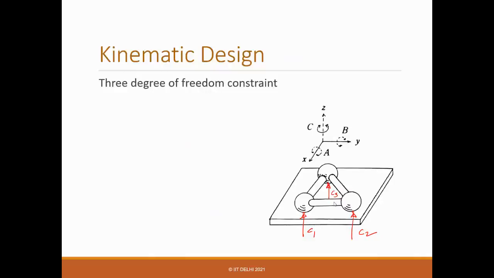And what you realize here, the moment you have these three contacts, this body with the three spherical balls rigidly connected together, what will happen? It can move along this plane. So what are the degrees of freedom here? It can slide in the Y direction.